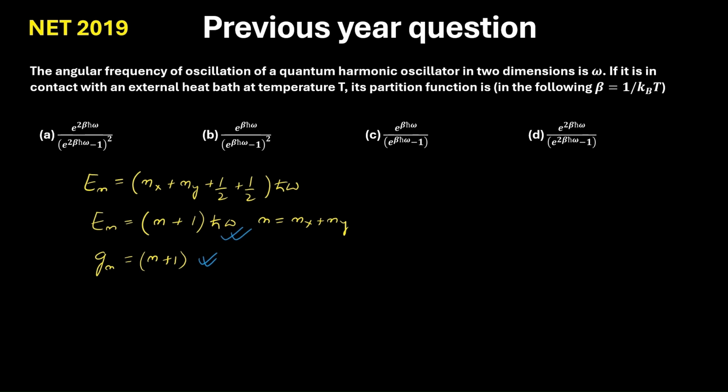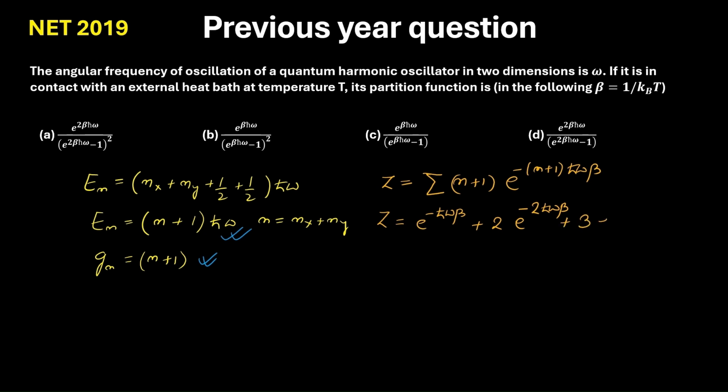So the partition function is given by the summation of the degeneracy (n + 1) into e to the power minus (n + 1) h bar omega beta. Now if we expand this series, we get e to the power minus h bar omega beta plus 2 e to the power minus 2 h bar omega beta plus 3 e to the power minus 3 h bar omega beta, and the series will go on.